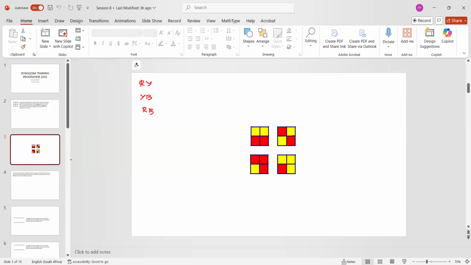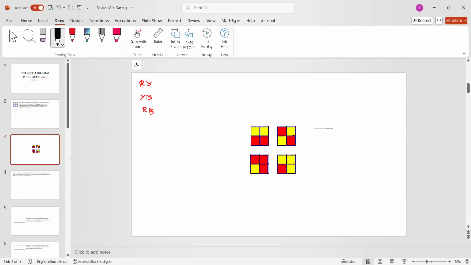In other words, if it's rotated, like for instance, I could have had the reds here and the yellows here. But this is the same as that, because if you turn it around, you will get exactly the same thing. All right. So there are 4 ways of doing it for red and yellow.